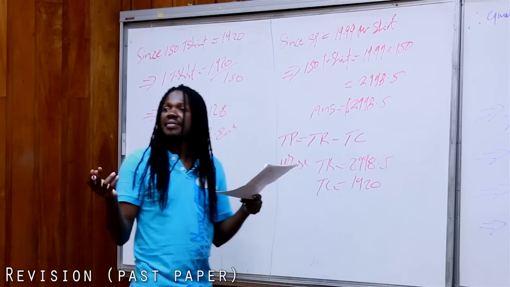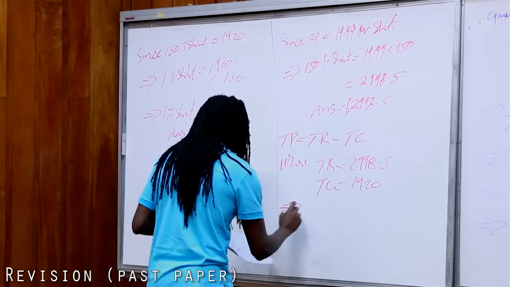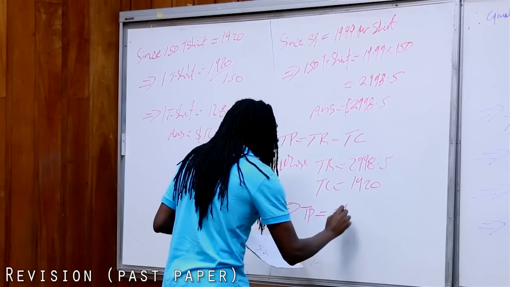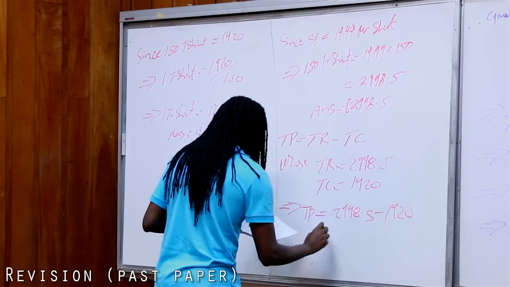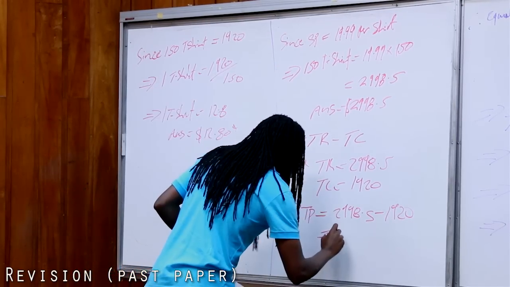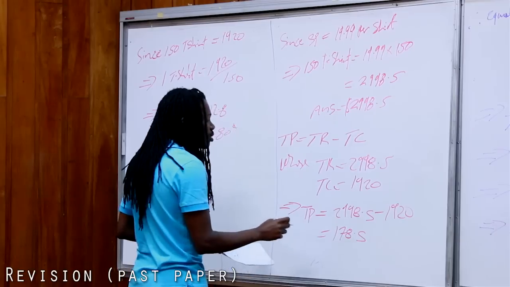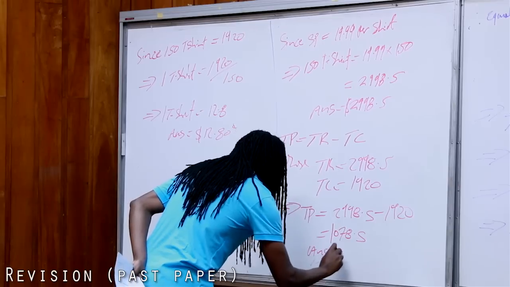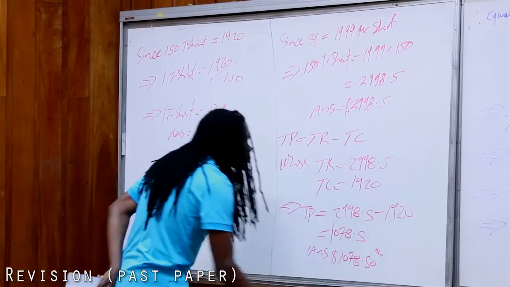They tell her she bought it for 1920. This implies that total profit equals 2998.5 minus 1920, equal to $1,078.50.